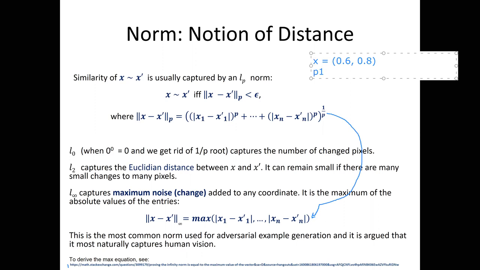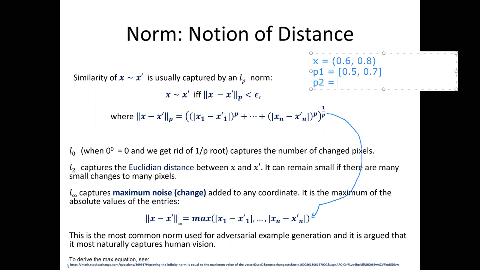For pixel 1, which was 0.6, I want to capture the maximum change within some range. Because epsilon is 0.1, the values of P1 can range between 0.5 and 0.7. The epsilon of 0.1 is essentially the radius of the box here.